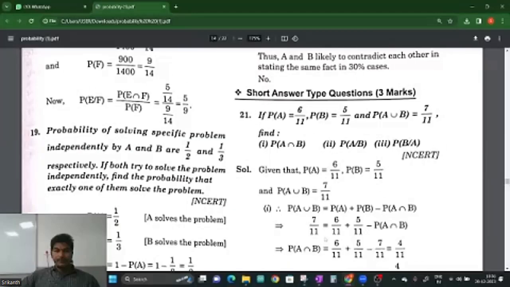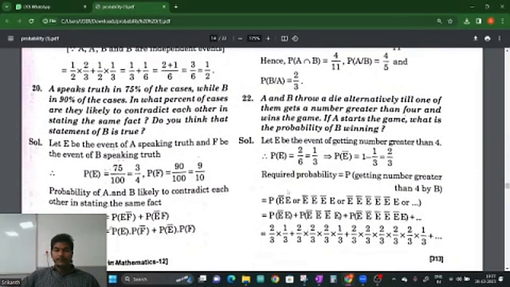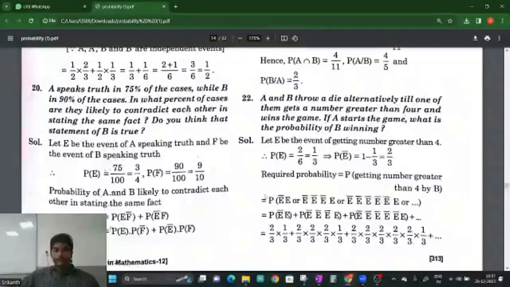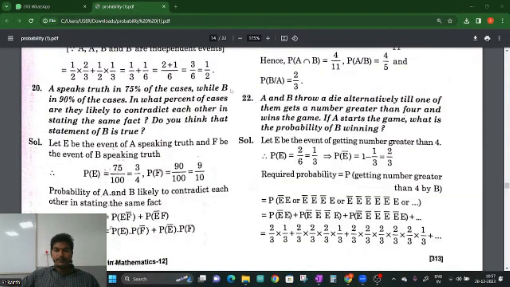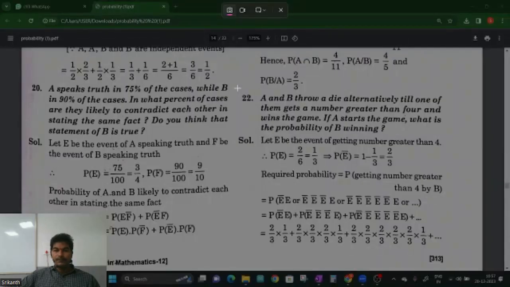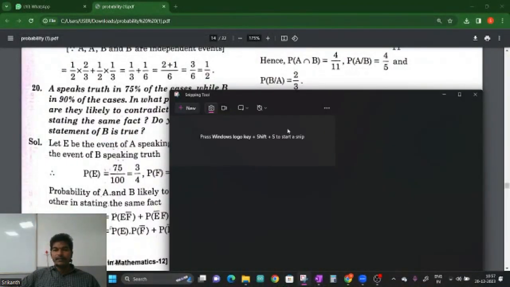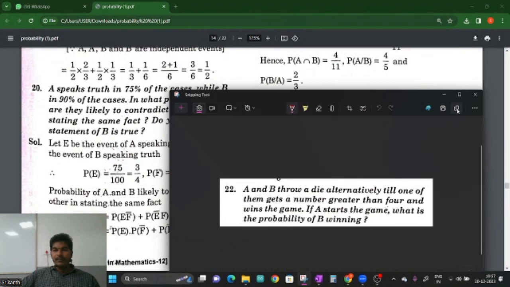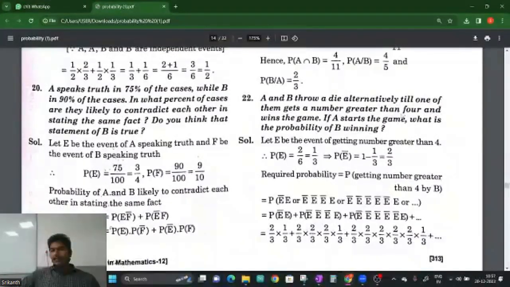Next question, 22. Copy this question. A and B throw a die alternately. One of them gets a number greater than 4 and wins the game.